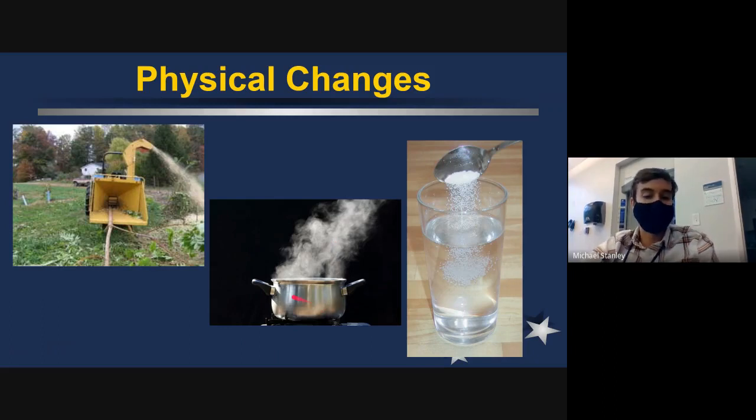This is a whole bunch of liquid H2O molecules, and this is a whole bunch of gas H2O molecules. But they're still the same chemical. They're still the same matter. So it's only gone through a physical change. We've changed how it looks, but we have not changed what it is.